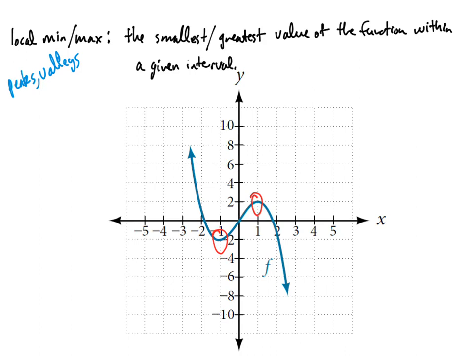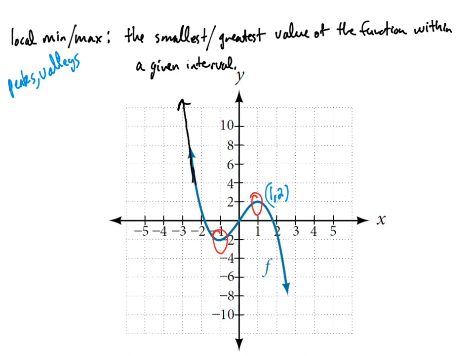We call these local max and local min because, for example, this value at 1, 2 is not the greatest value of the function, because this function just continues to increase over here.